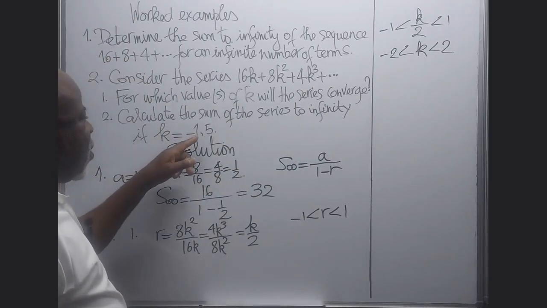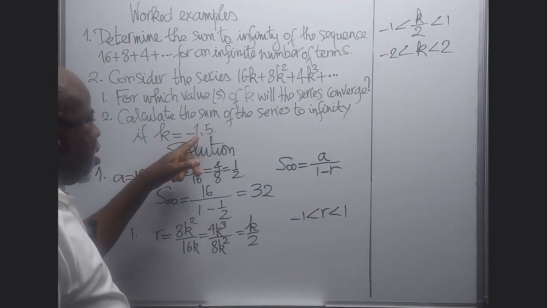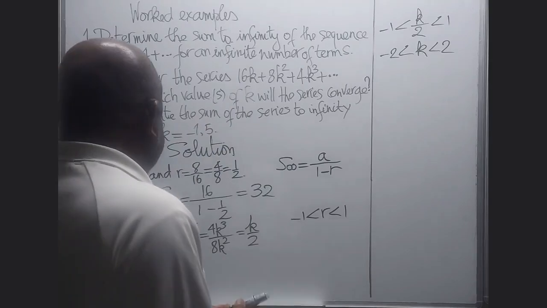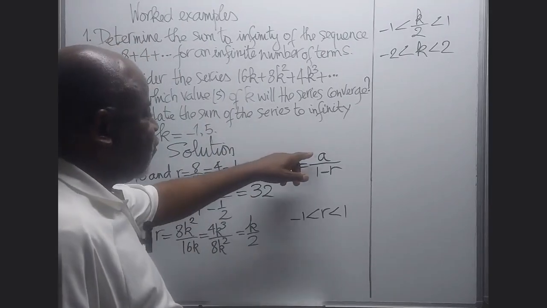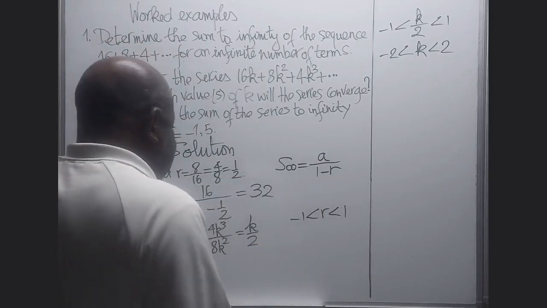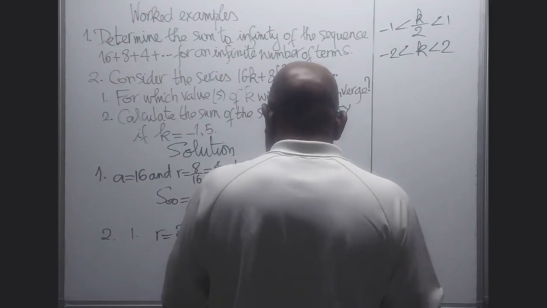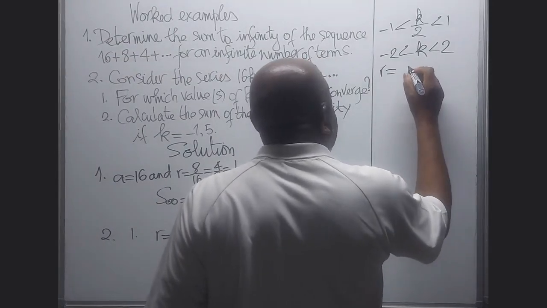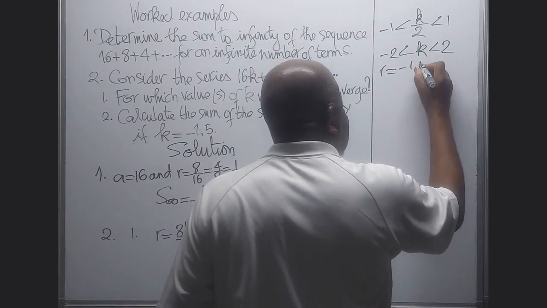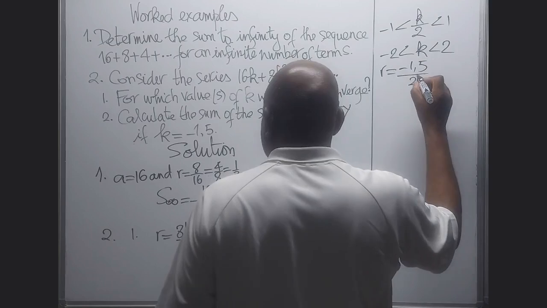if k is equal to negative 1,5. So we need to get, remember, the first term and the common ratio. So our common ratio here will be R is equal to k, given here, negative 1,5 over 2.